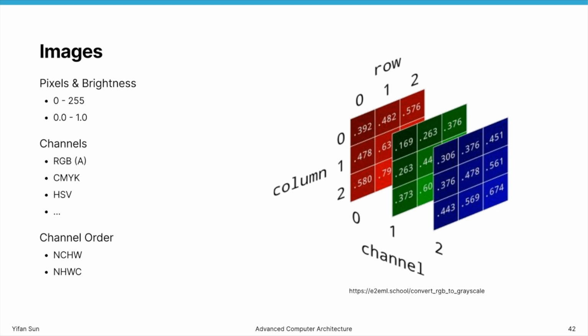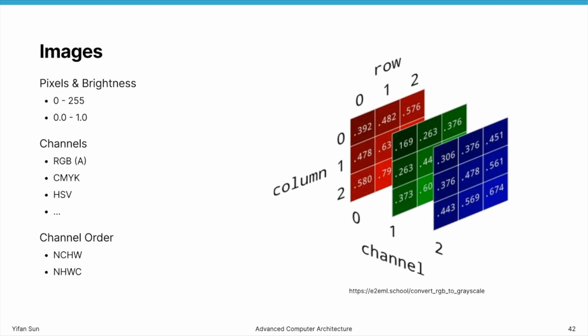We store it this way, then go to the next channel. The channel is the outer loop. Now, in NHWC, we store 0.3, 0.1, 0.3.